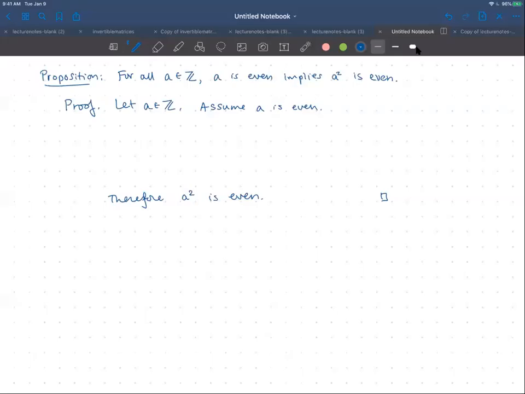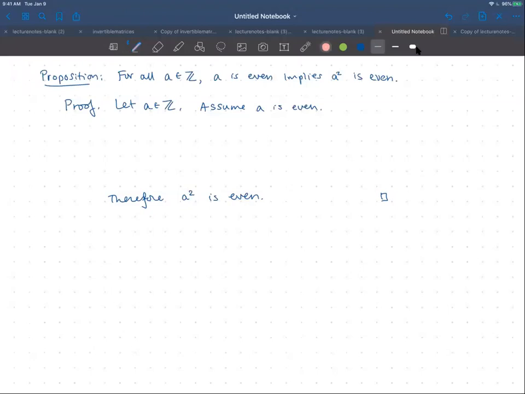All right, here is a proposition. It says for all integers A, A is even implies A squared is even, or if A is even, then A squared is even. And I've written the beginning and end of my proof here. I want to see if we can identify which proof technique I'm using. So I've let A be an integer, right? That's saying my domain of discourse is the integers, so let me pick an arbitrary one. I'm assuming that A is even.